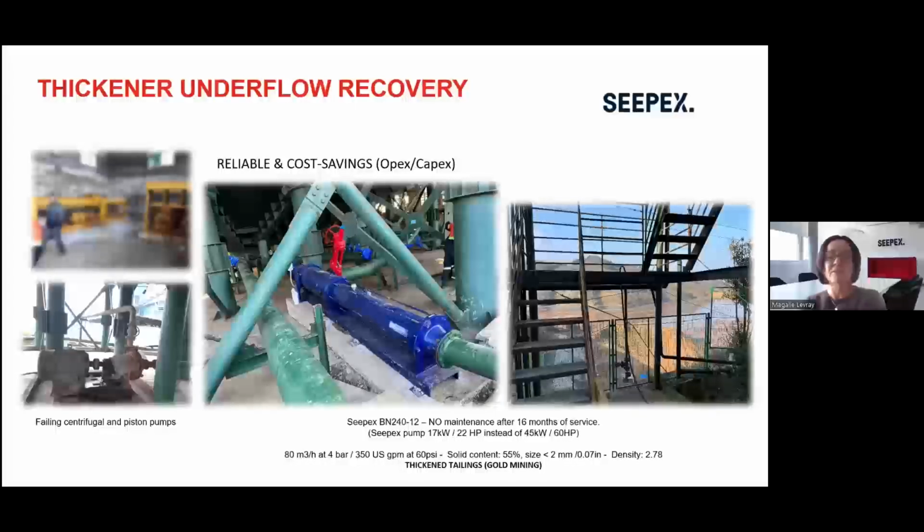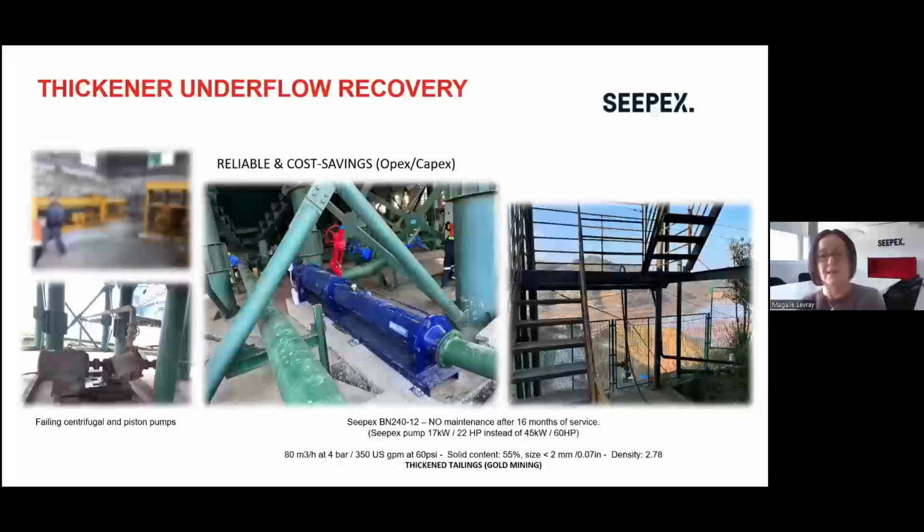Our customer here was initially using centrifugal pumps that were failing every week and really needed the maintenance team to be mobilized around the centrifugal pump every week. They switched to a piston pump, but after 6 months, they also had to invest a huge sum of money to repair the piston pump.